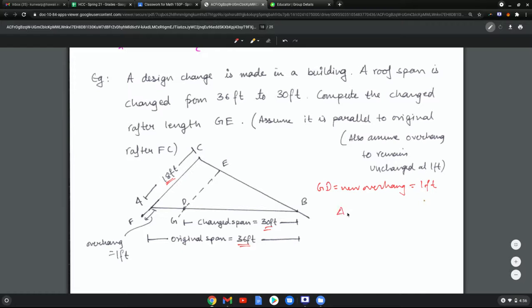But we know from our result just now that triangle BED is similar to triangle BCA.